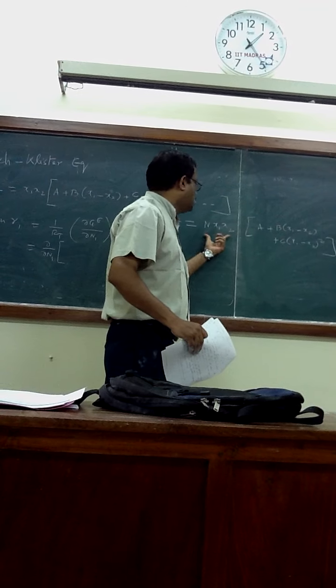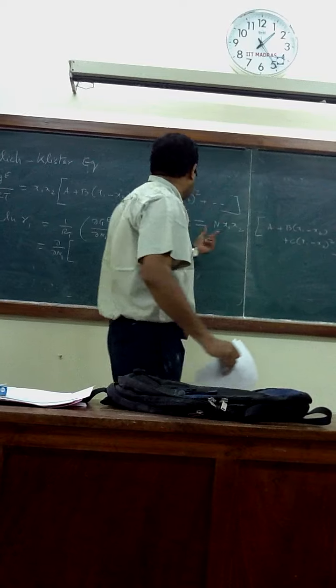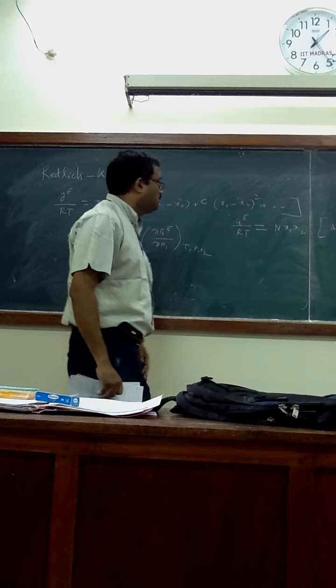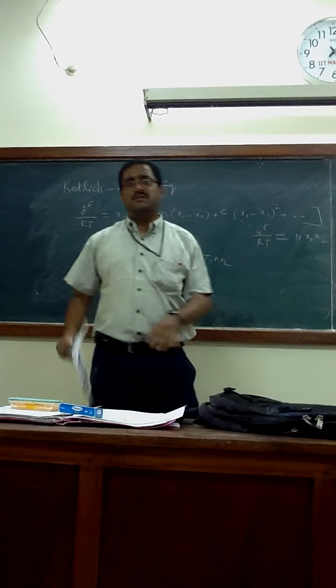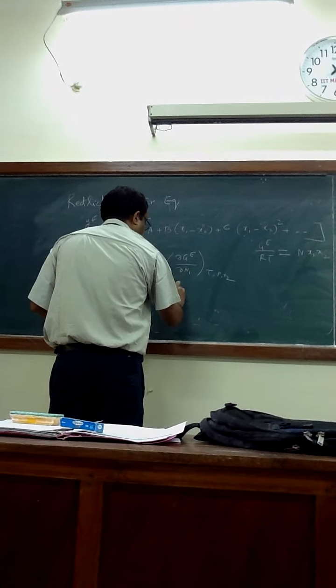I will take this as u and this as v. So d by dx of uv. This is u, this is v. Dou by dou n1 of n x1 x2.